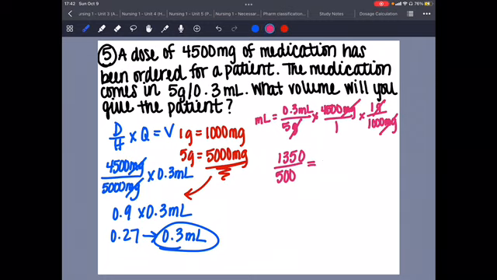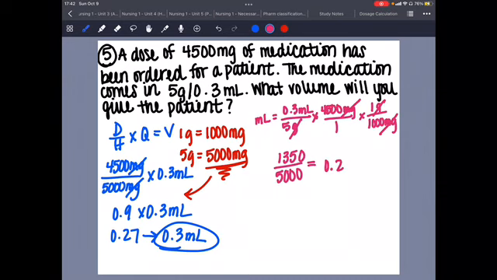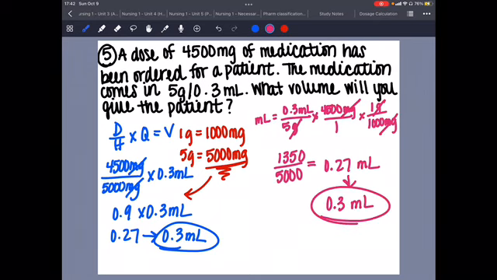I apologize. I added one more zero than it should have been. So, in case you were wondering about that pause, yeah, it's supposed to be 5,000. Sorry about that long pause that I took. So, yeah, 1,350 divided by 5,000, you should get 0.27 mLs. Round up, 0.3 mLs. Sorry about that very, very long pause. I just had a brain fart, didn't realize what I was doing.